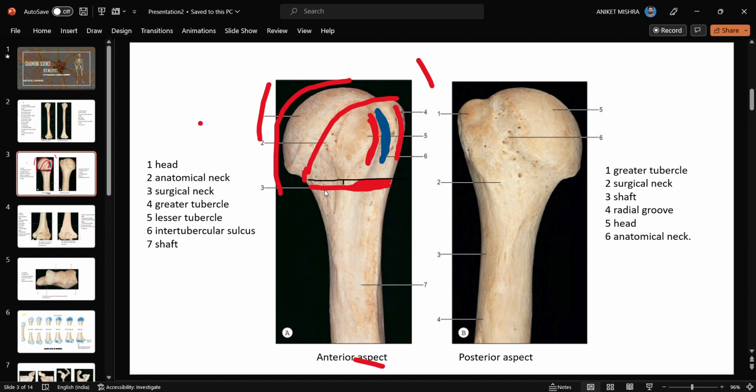When we talk about the bone present in children, then we will see the epiphyseal line there.